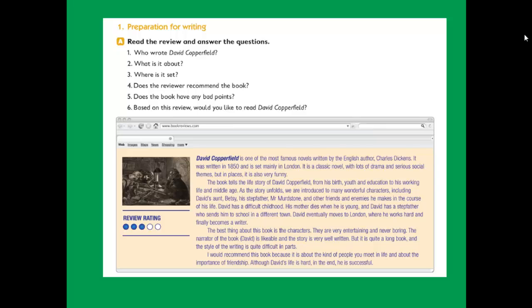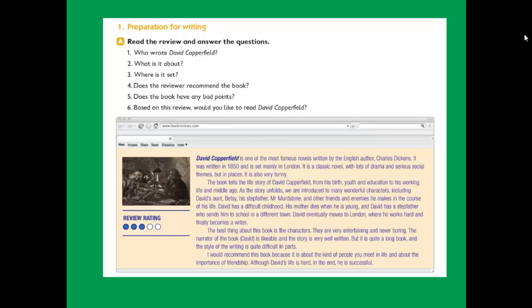It's about the life of David Copperfield from his birth, youth, and education to his working life and middle age. Number 3. Where is it set? It's set in London.